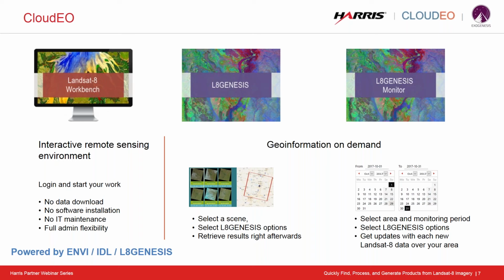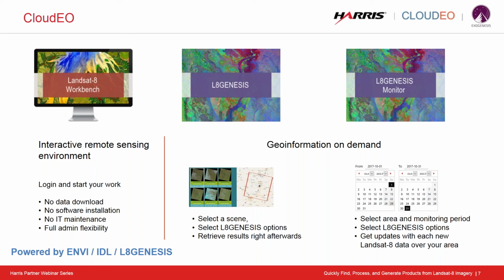L8Genesis is a great asset for any geospatial professional looking to quickly process, transform, and generate products from Landsat-8 imagery. With only one single command, a very comprehensive phenomenology analysis is performed for a complete Landsat scene, and that in only a few minutes.